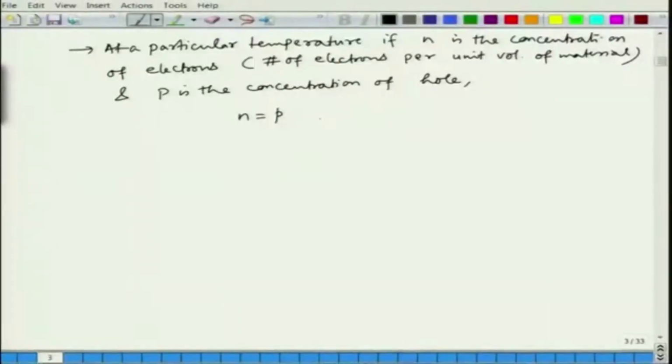One electron in the conduction band means there is a counterpart hole in the valence band. So, N equals P, and we can now write it with a common name, Ni. We do not have to say whether it is electron concentration or hole concentration, we can say it is carrier concentration Ni.